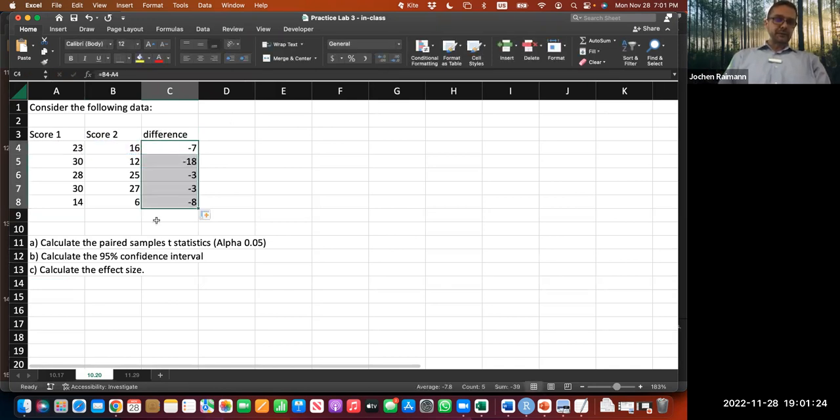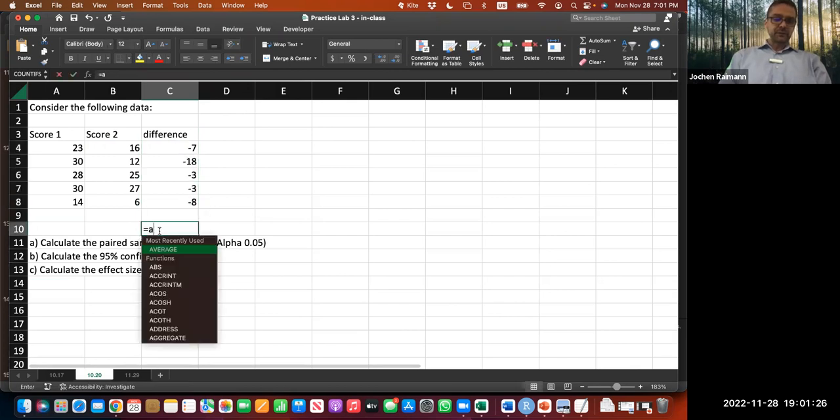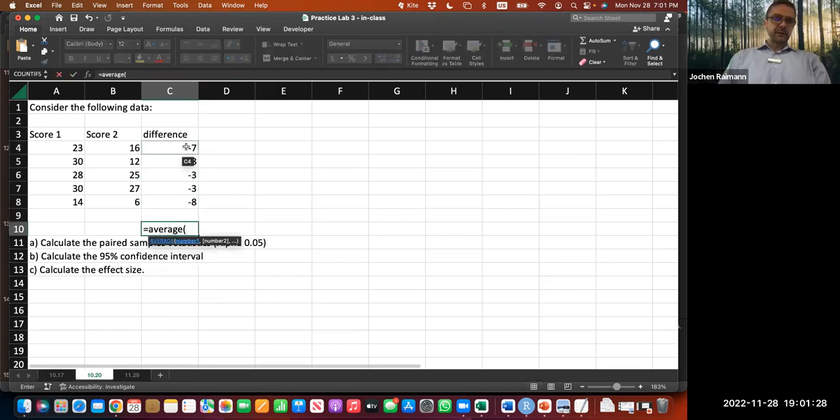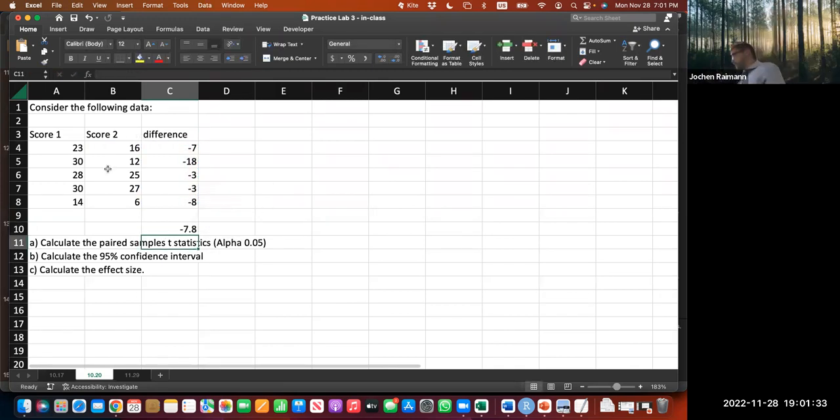We get a mean difference, which is the average. We see that from exam 1 to exam 2, students actually dropped in this course. So there was a decrease in this course by 7.8 points.